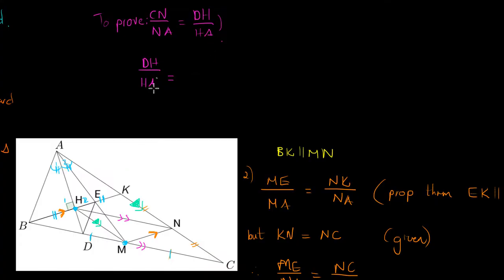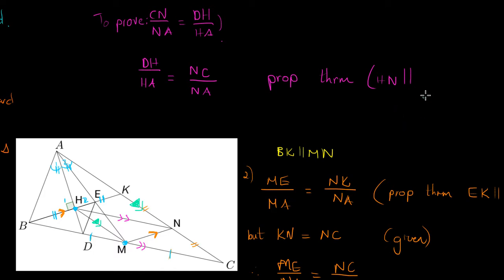Yeah, DH over HA is equal to NC over NA. No, that just follows. That's just the proportion theorem, because HN is parallel. Oh, I suppose that's why.